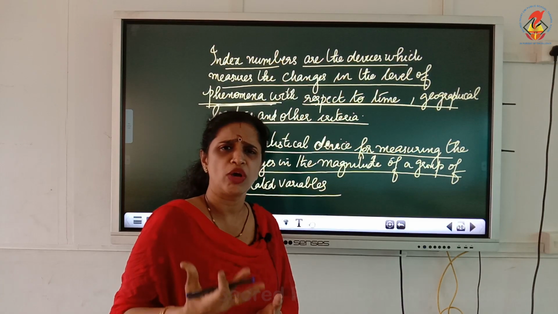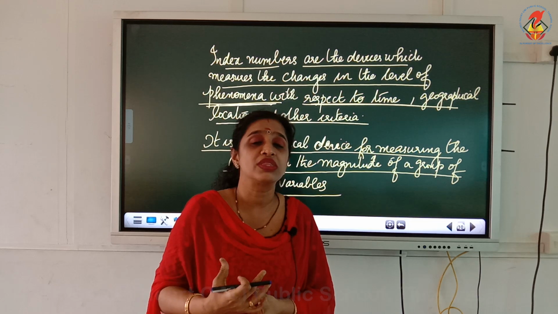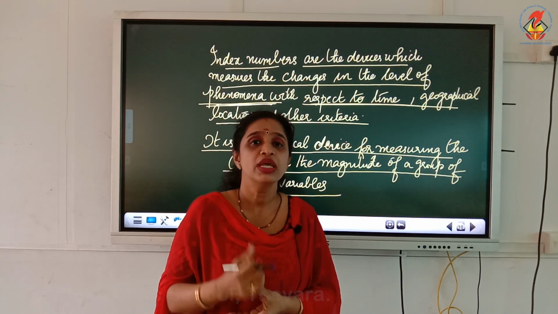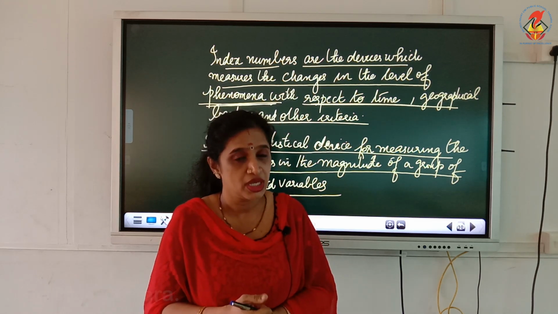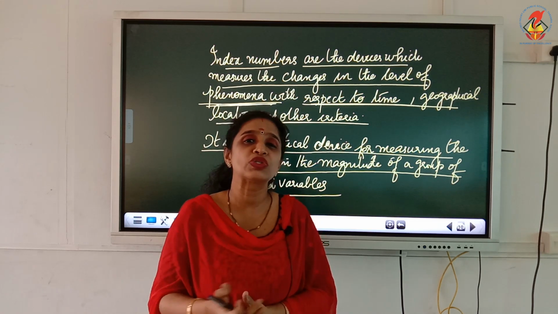There are so many economic factors and variables which affect us. They always change with regard to time, geographical location, etc. For example, agricultural production. The production of certain agricultural crops may vary from the previous year to this year, isn't it? It depends on so many other factors.